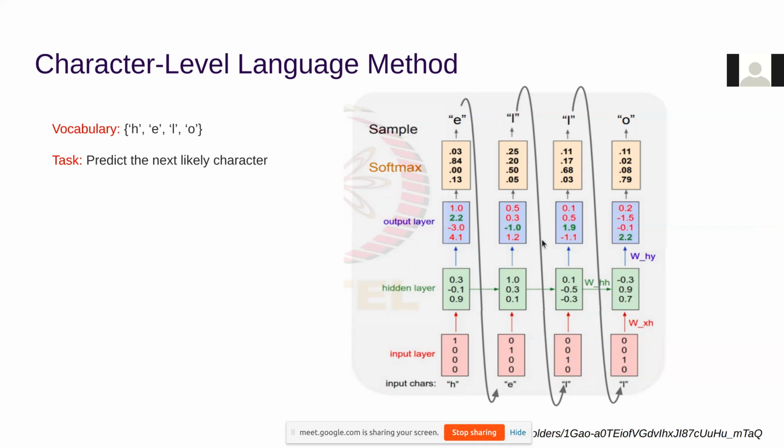Similarly, L is now taken as an input by the model, represented by making the third element of this vector 1.